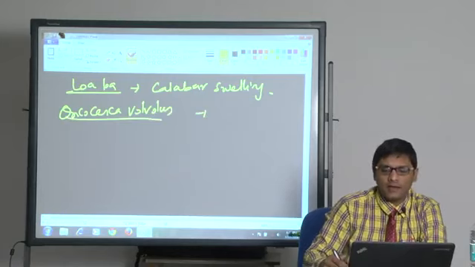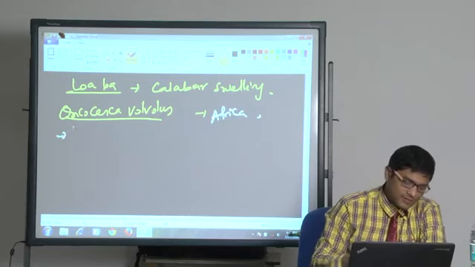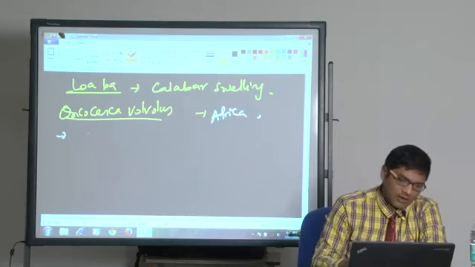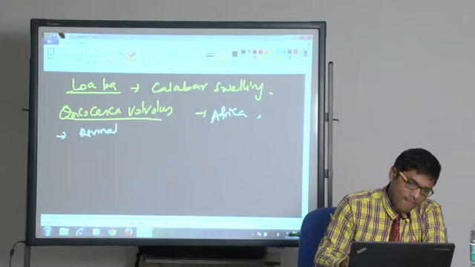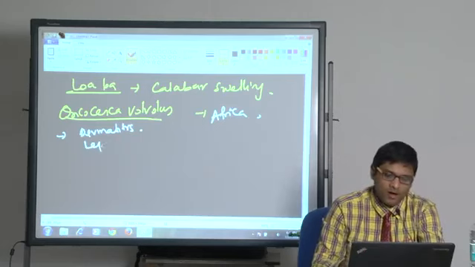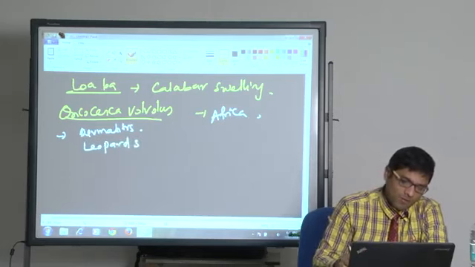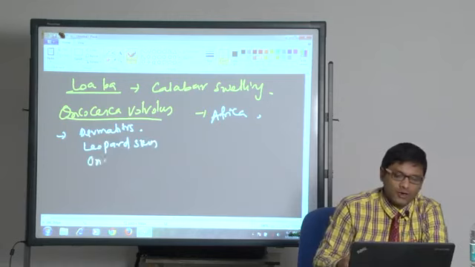is endemic in Africa, and it causes various manifestations like dermatitis, leopard skin. All these are cutaneous manifestations. Nodule called onchocercoma.